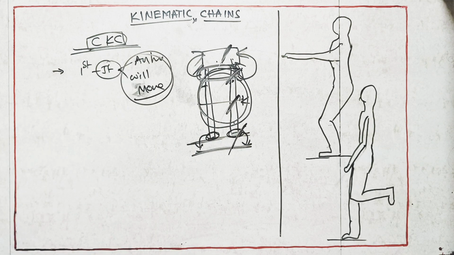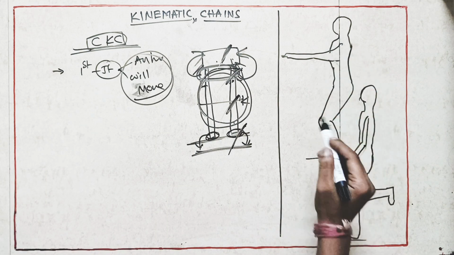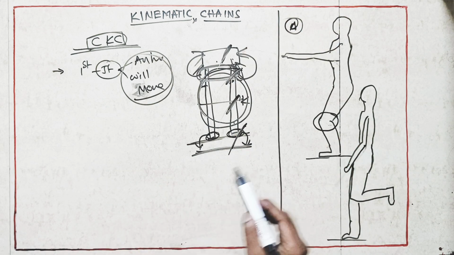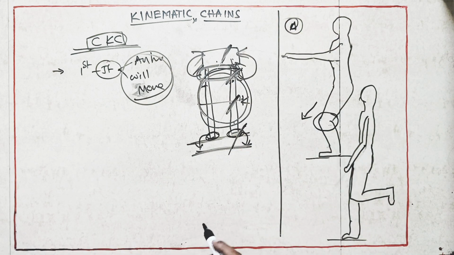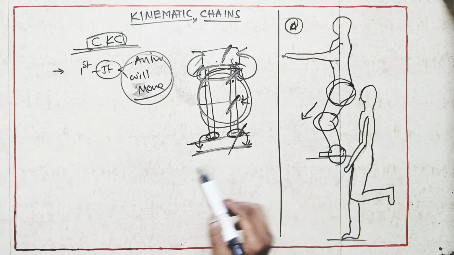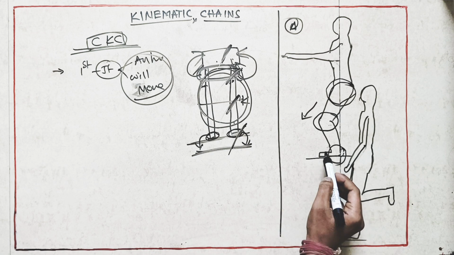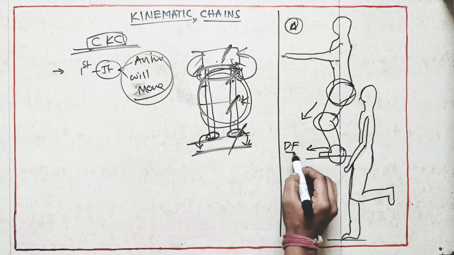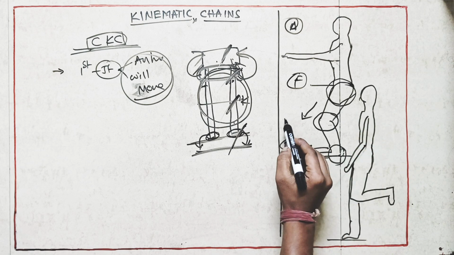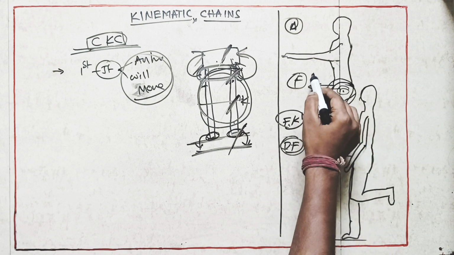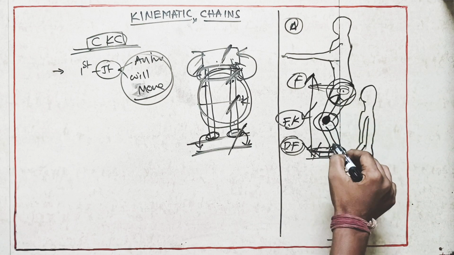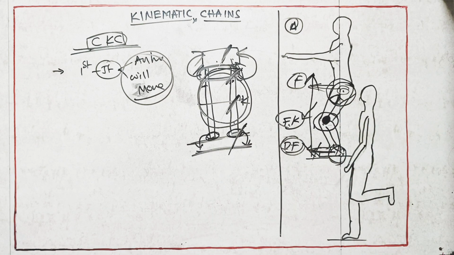For example, if the person is bending his knees in standing position, like flexion, automatically the hip joint will go for flexion, and at the ankle joint dorsiflexion will happen. But here the person's intention is to flex the knee. This is the example for closed kinematic chain. Movement in one joint is going to create movement in the superior and inferior joints.